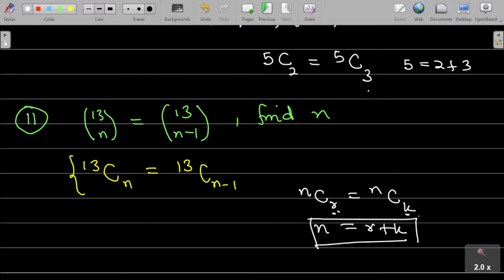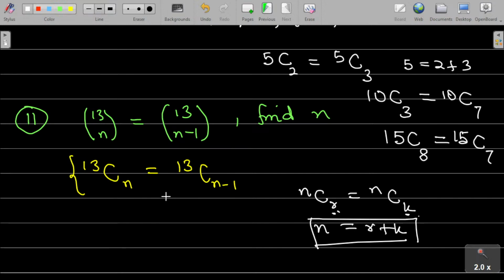If I give you 10 combination 3, you should know it will be equal to 10 combination 7. If I give you 15 combination 8, you should know that this will be equal to 15 combination 7, because your 15 must be equal to the sum of these two.